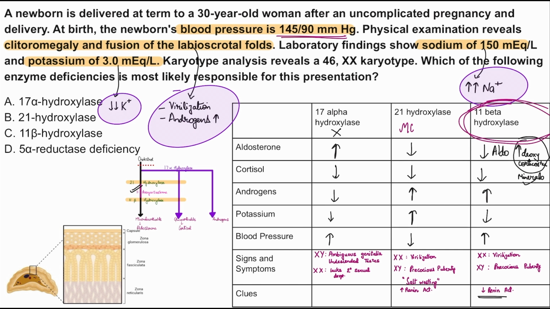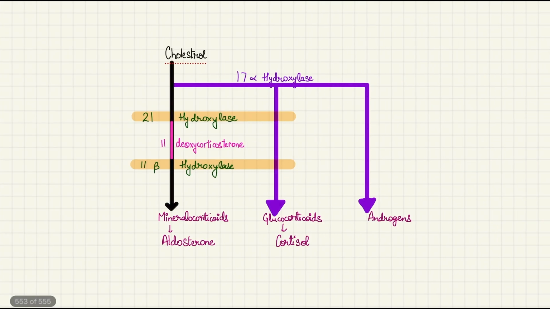Blood pressure is high, potassium is low, and sodium is actually being retained, so sodium is high. And the correct answer here will be 11 beta hydroxylase. So this is all about congenital adrenal hyperplasia, and if you can draw this simple schematic, you'll be able to arrive at the correct answer.